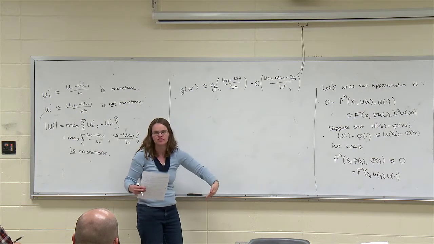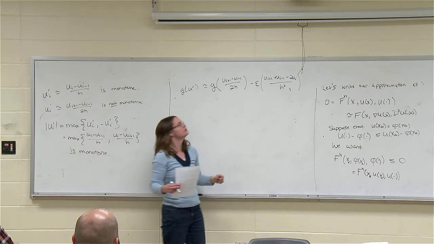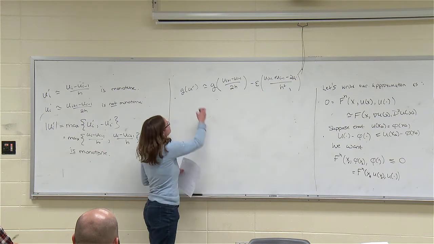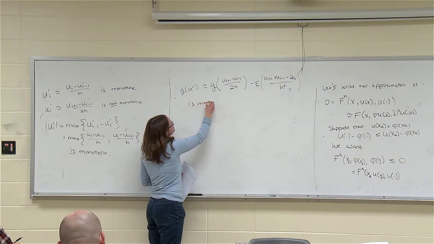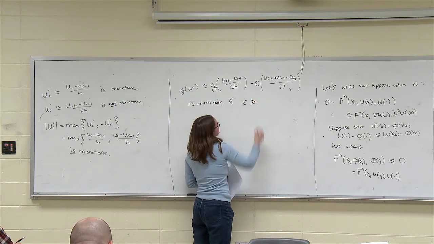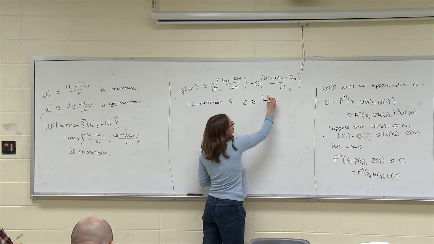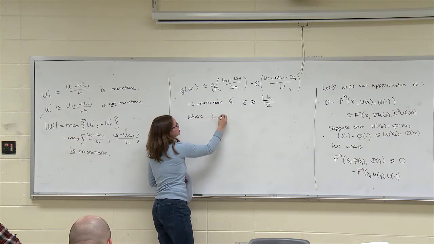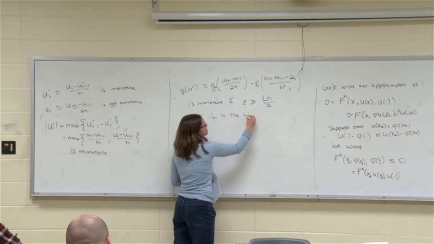It tells us how strongly things are going to go down or up, and then we make this big enough to outweigh it. So this is monotone if epsilon is bigger than L h over 2, where L is the Lipschitz constant of G.